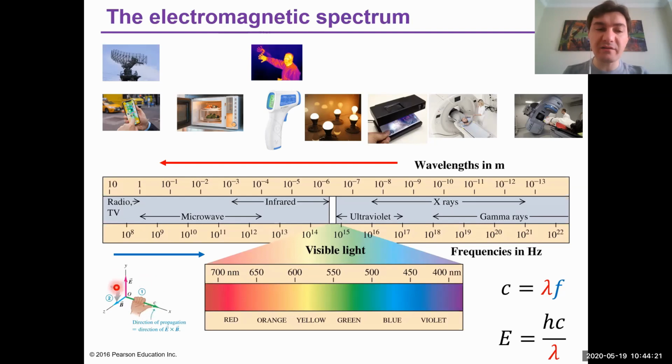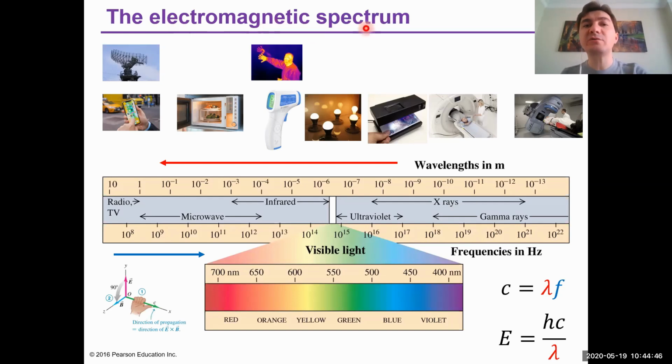Actually, light is formed from an electric field and a magnetic field in addition to the propagation vector. So each light has these three components. For this reason, light is also called an electromagnetic wave. Another name is electromagnetic radiation.